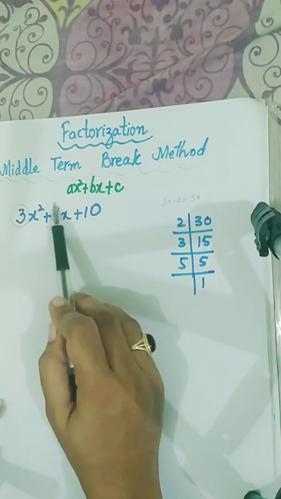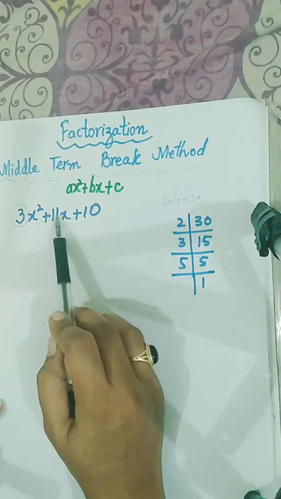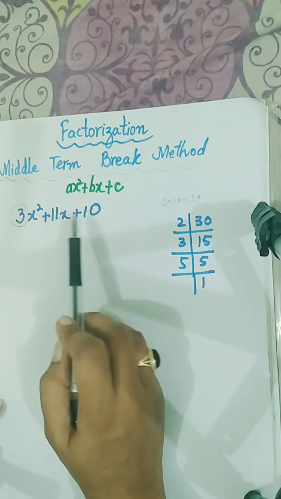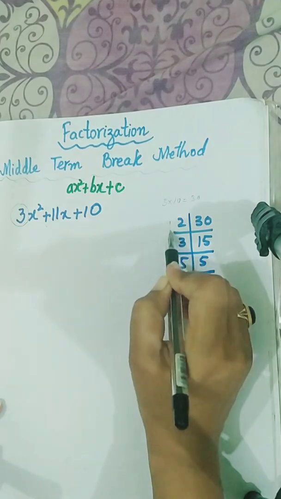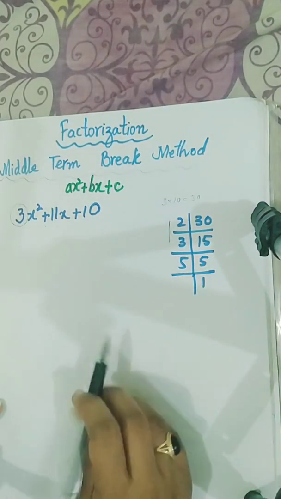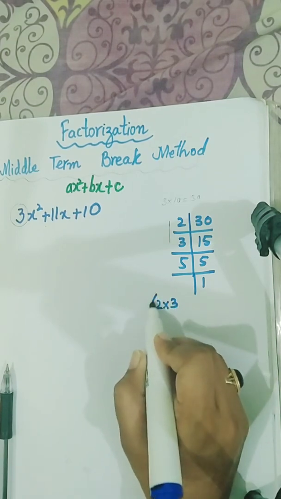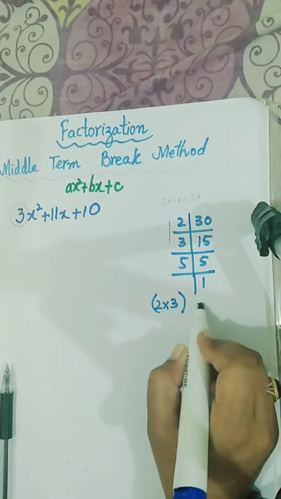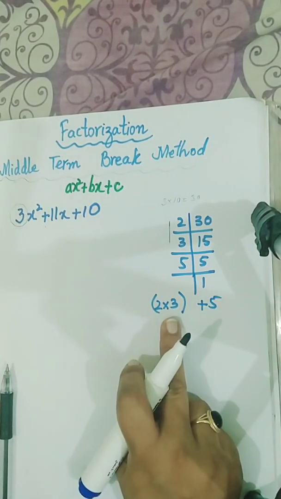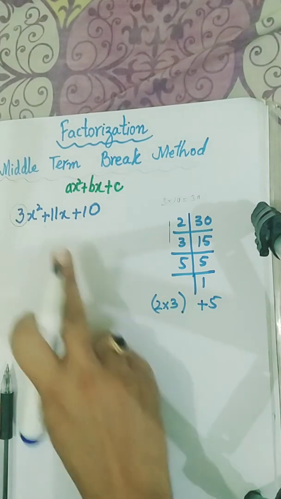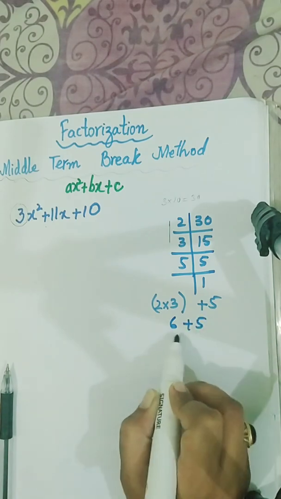Now I want 11, and I need to break the 11 in a way that if I multiply these two numbers, it becomes 30. Yes, I can see that 2 into 3 will be 6, and 6 plus 5 will be 11.